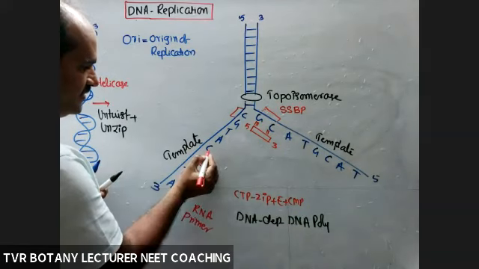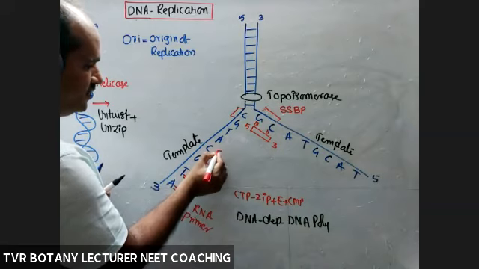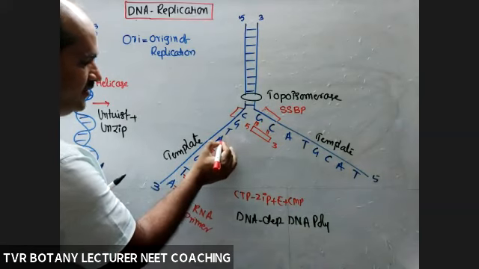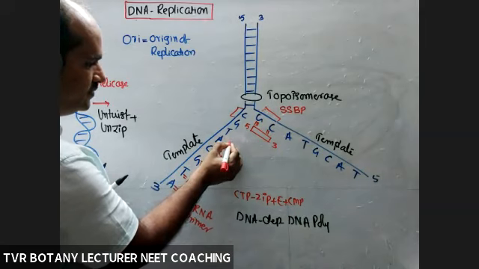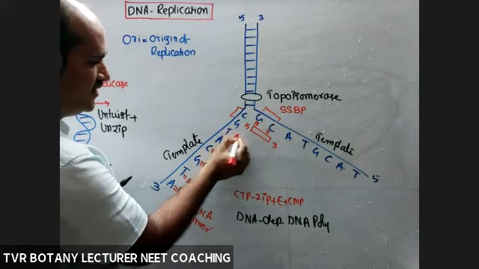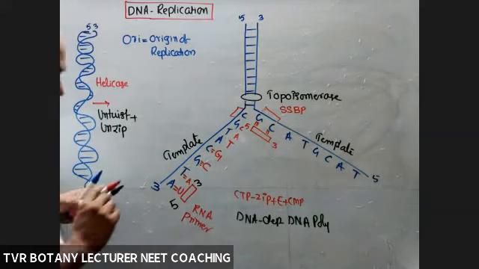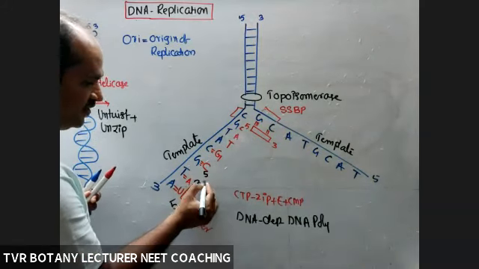Next, C means GTP minus 2 inorganic phosphates, energy, and guanosine monophosphate. T means A is complementary, so A is joined here, and G means C. Here the very important thing is the linkage is 3 to 5 linkage.